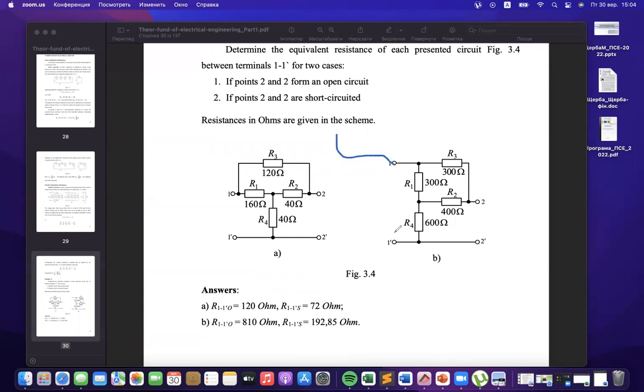If we want to measure the resistivity of the circuit in open mode, which steps do you think we should take, and which answer will we obtain here?